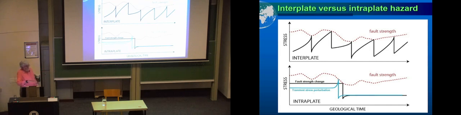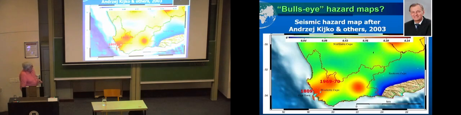The stress has dropped below the fault strength, and it remains below fault strength. There's no, or maybe will climb very slowly because of very low rates of tectonic loading. So that's the argument, that this is the new paradigm, that things like 1809, 1969, Tulbagh series, and the Botswana earthquake are these fairly unusual weak events.